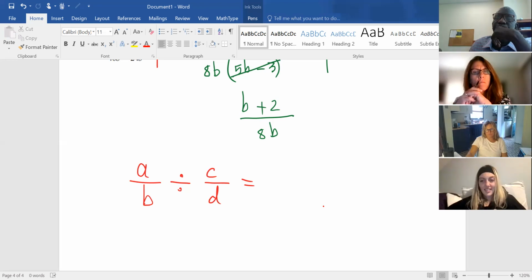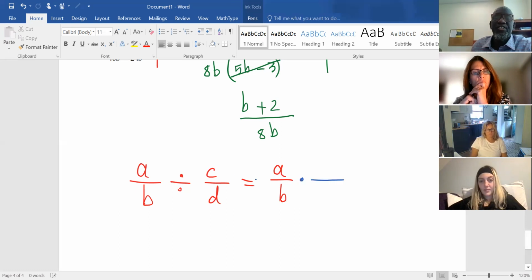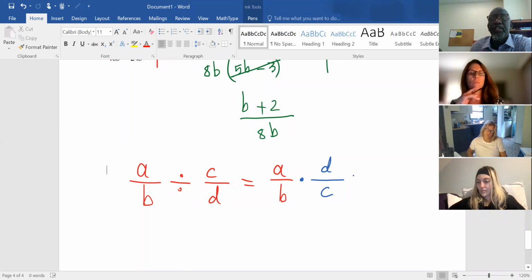Multiply by the reciprocal. Exactly. It becomes a multiplication by the reciprocal of the second one, D over C, right? A division becomes a multiplication when we flip the second one. That is the formula. It's going to be AD over BC.